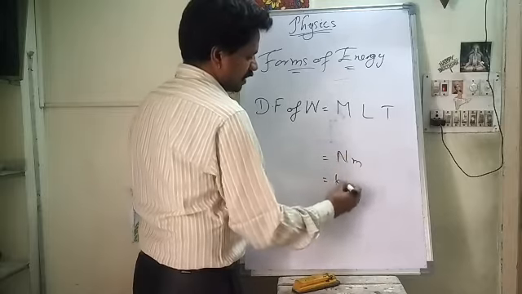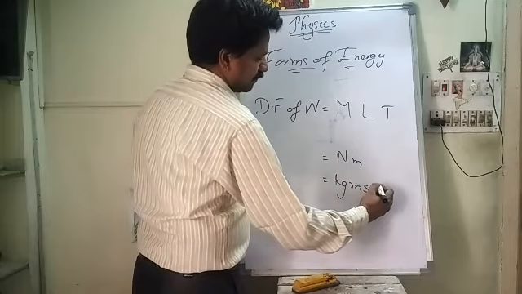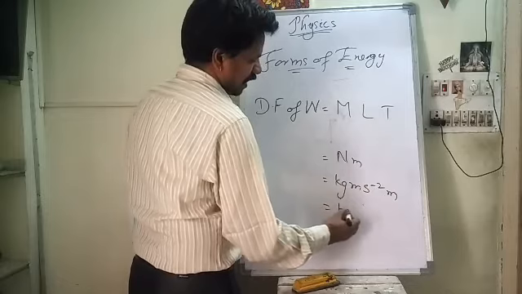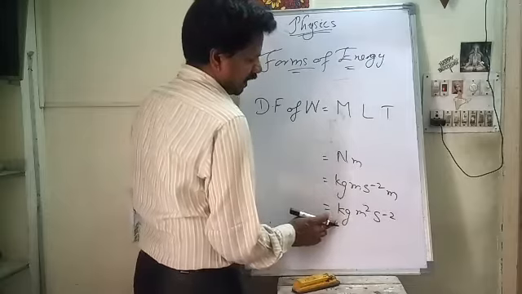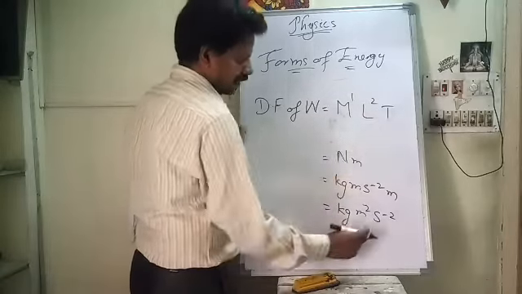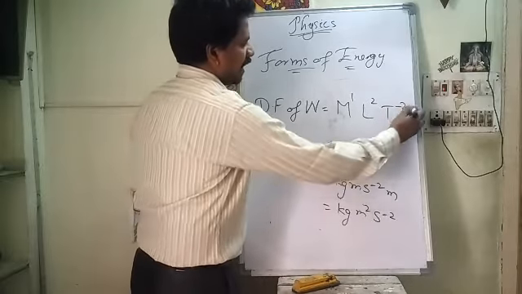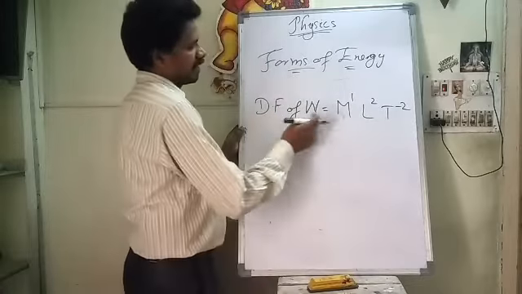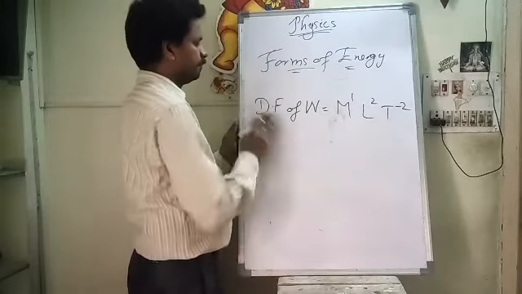Newton means kg meter per second square, and times meter, you get kg meter square second minus 2. Kg represents mass, 1; meter represents length, 2; second represents time, that's why minus 2. The dimension formula of work equals M1 L2 T minus 2. You remember.